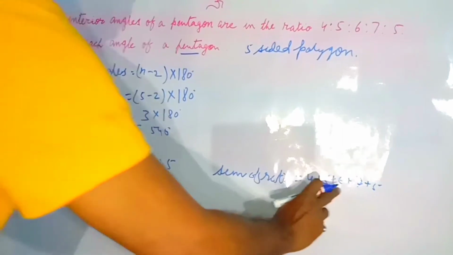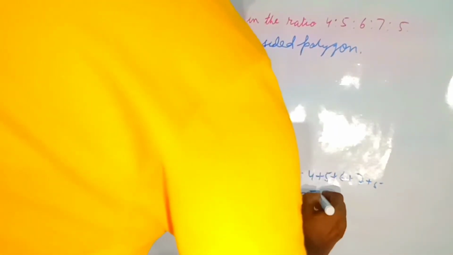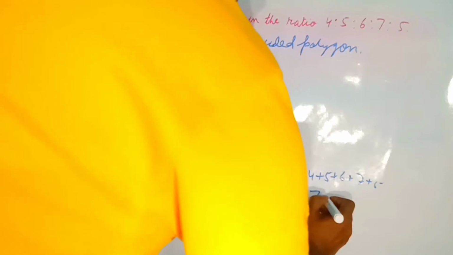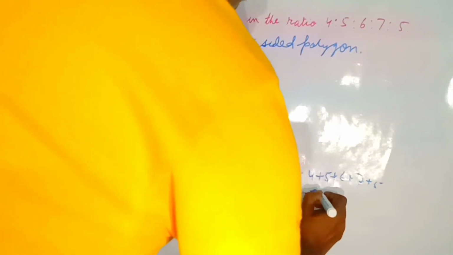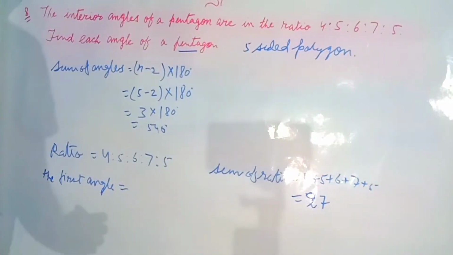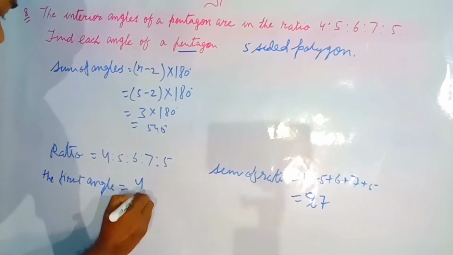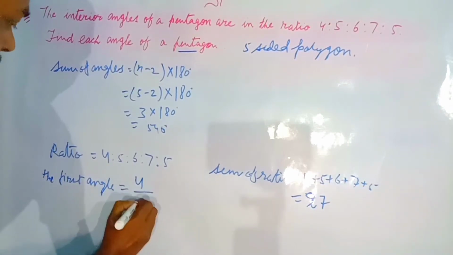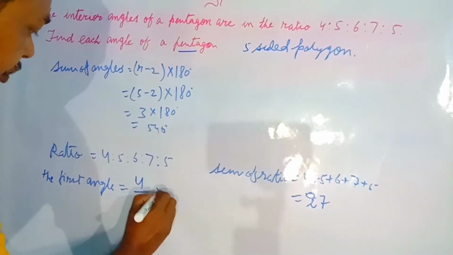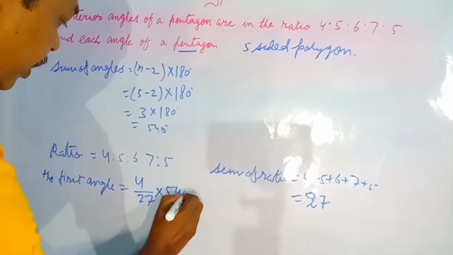Then 4 plus 5 is 9, plus 6 is 15, plus 7 is 22, plus 5 is 27. Then the first angle is 4 by the sum of ratio 27, into the sum of angles 540.